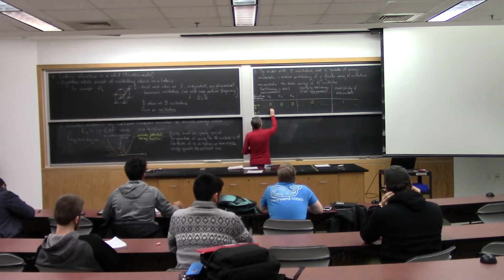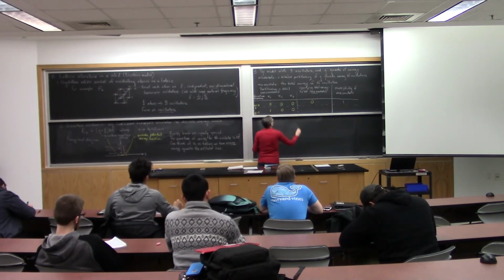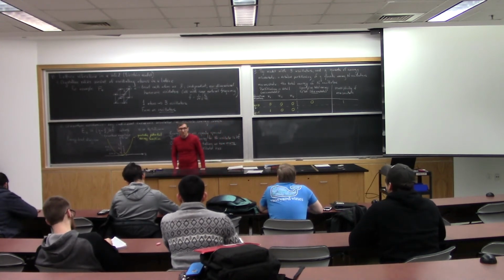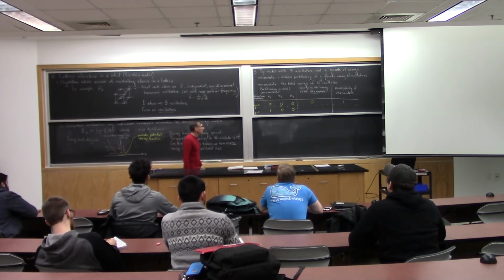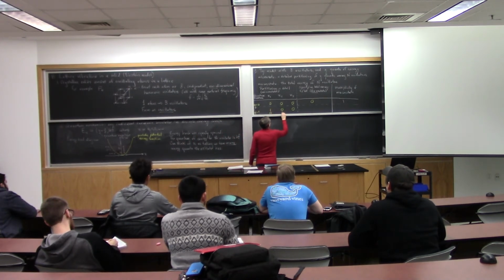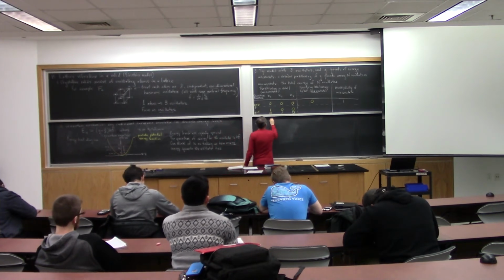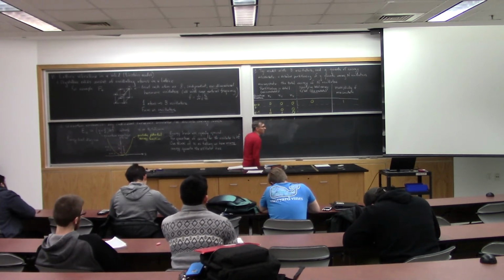So I could give the 1 unit to oscillator 1, in which case I have to say, as Dr. McCulloch would say, tough noogies, to 2 and 3. You don't get any. Or I could give the 1 quantum of energy to oscillator 2 with nothing to the other 2. Or the 1 quantum of energy could go to oscillator 3.